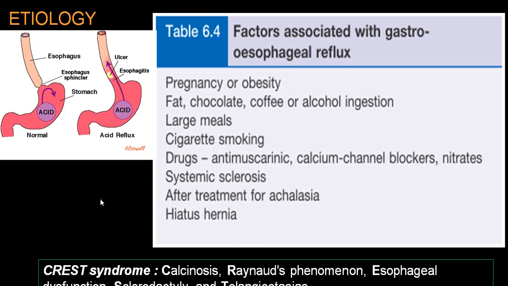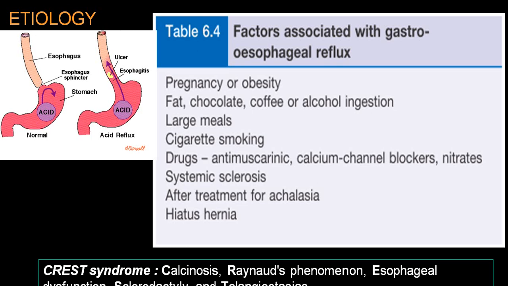There is one more condition we call CREST syndrome, which is very, very common in a group of disorders which we call collagen disorders. C stands for calcinosis, R stands for Raynaud's phenomenon, E stands for esophageal motility syndrome, S stands for sclerodactyly, and T stands for telangiectasia.